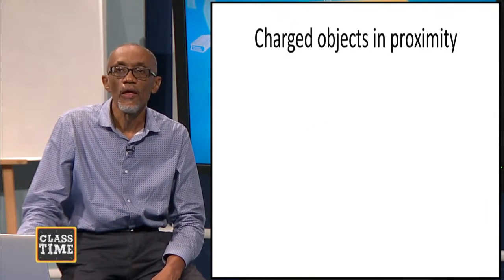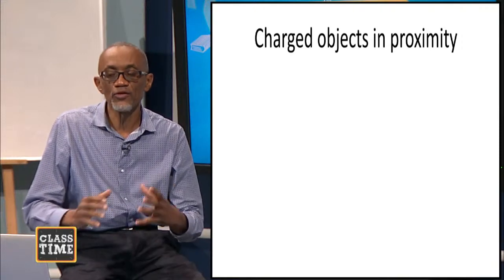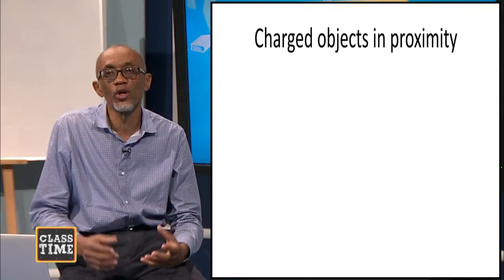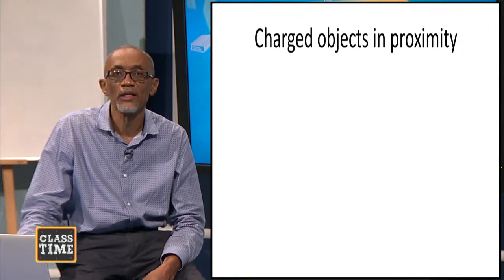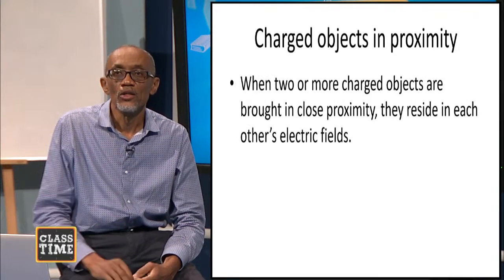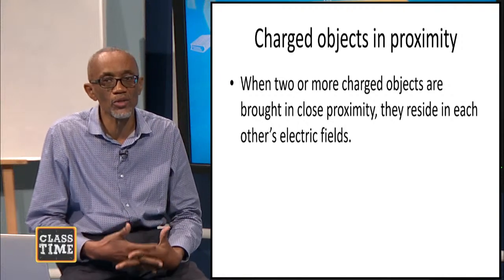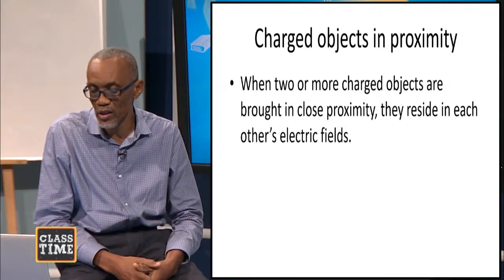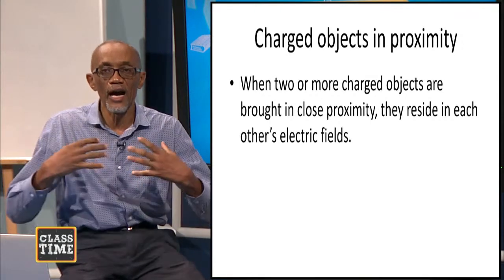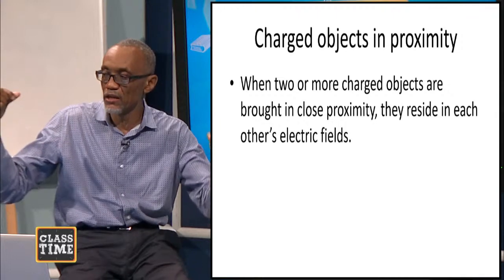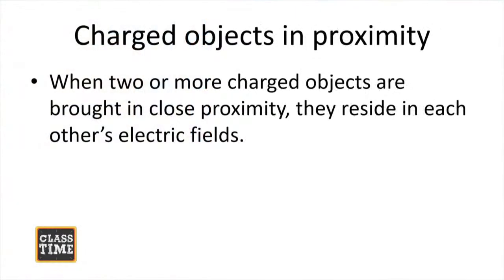If we have charged objects in close proximity, when two or more charged objects are brought close together, they reside in each other's electric field. This charge has an electric field, and this one has an electric field.